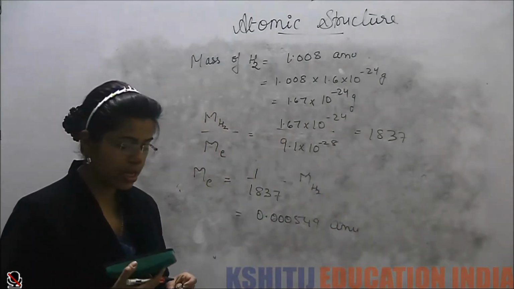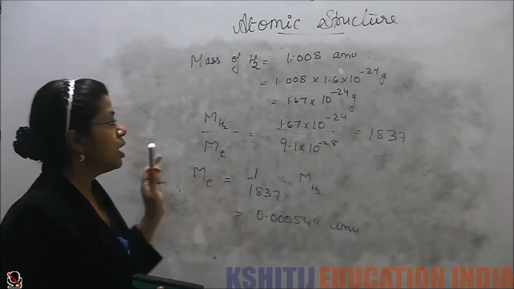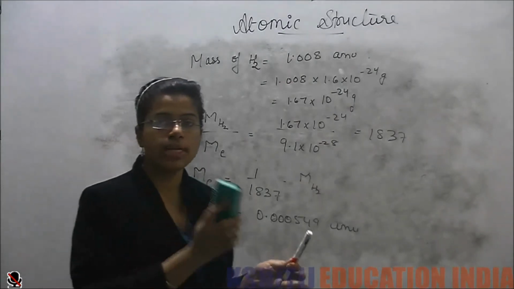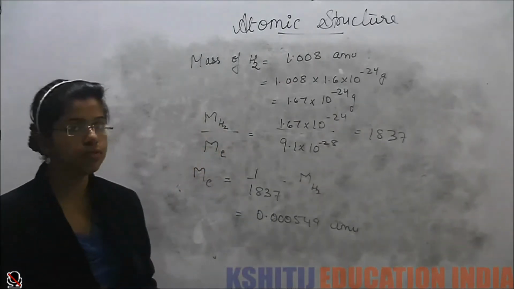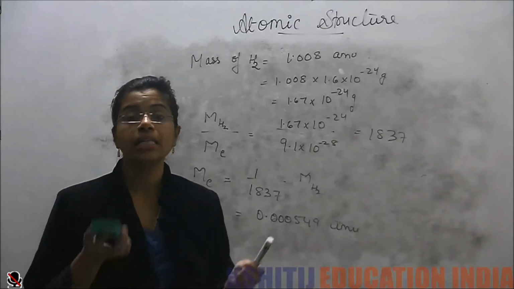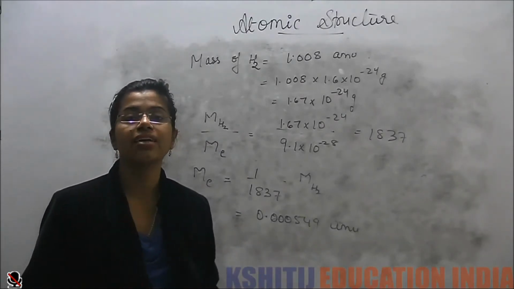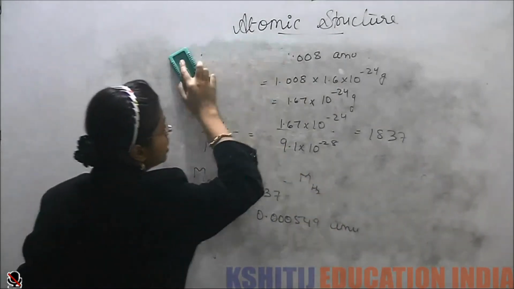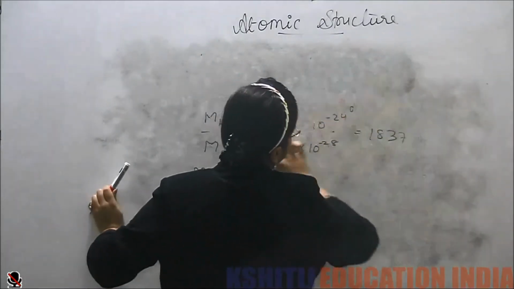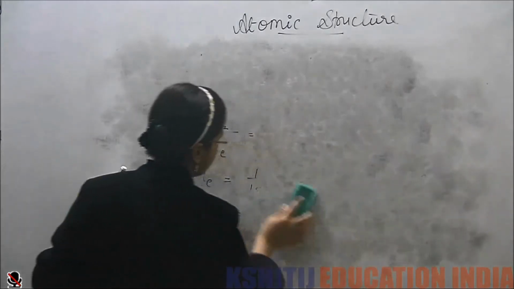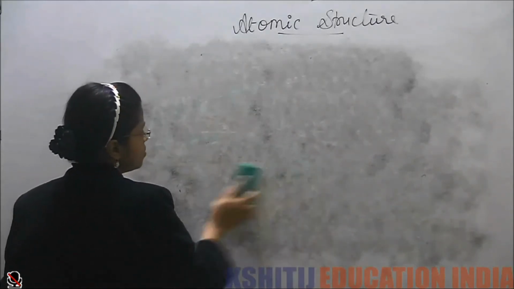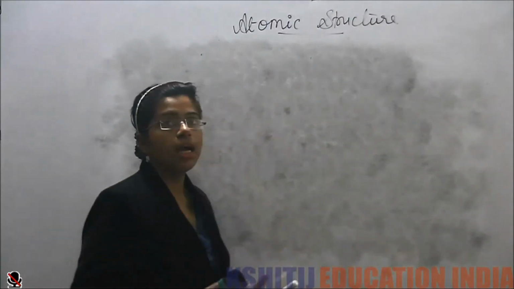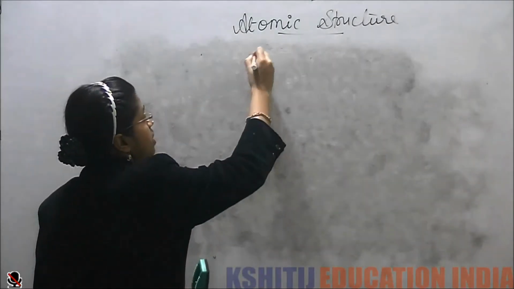Now, Sir J.J. Thomson calculated the charge by mass ratio for the electron. But the charge of the electron was found by Sir Millikan. So let us now see how the charge on the electron was calculated. There was a scientist, Sir R. Millikan.